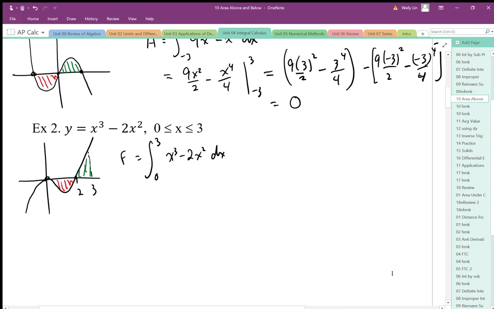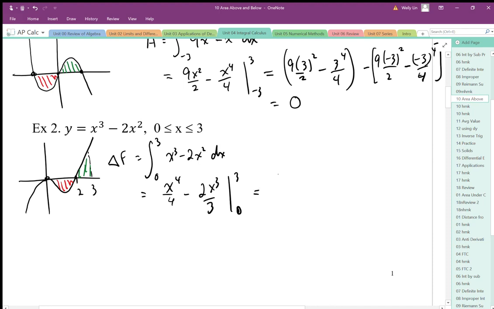So that's the change, delta big F. Again, the fundamental theorem of calculus says that the area under these curves is going to be equivalent to the net displacement between the starting point and ending point on the antiderivative function. So again, I'm going to anti-differentiate this, and I'm going to calculate this from 0 to 3.